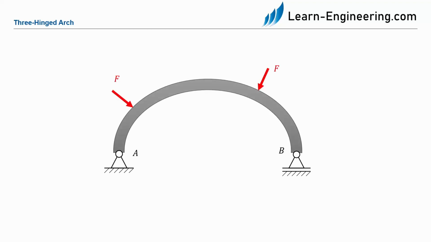On this slide, I want to introduce the 3-hinged arc. First, we have an arc which is supported by a hinged support and a simple support. We have one body, so 3 degrees of freedom. The hinged support has 2 support reactions and the simple support has 1 support reaction, so the body is statically determinate.